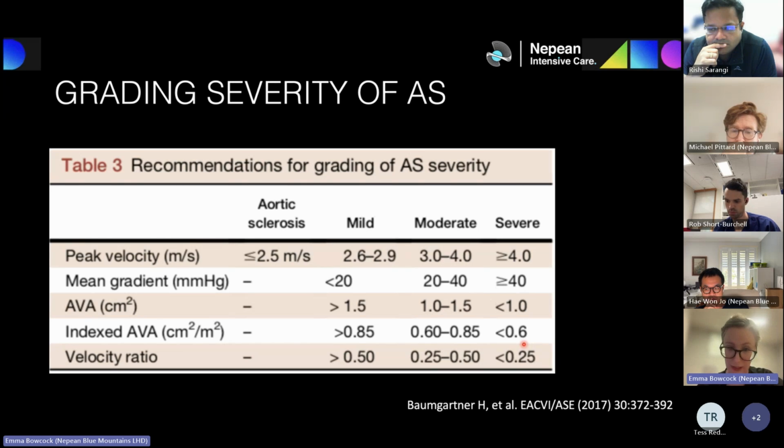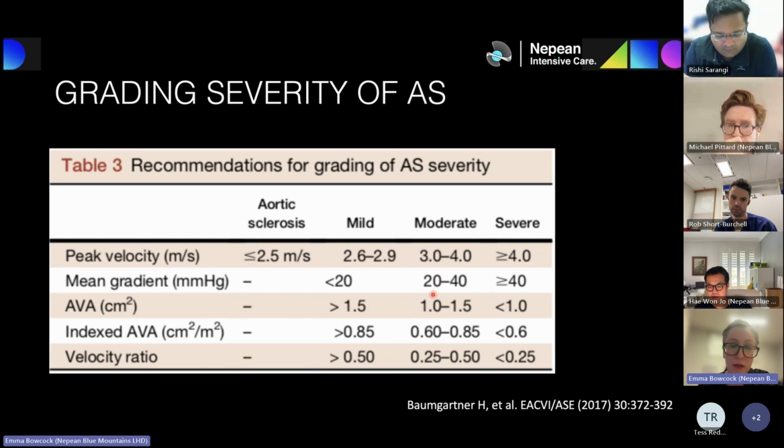It's less accurate. And the velocity ratio, which we'll talk through, of less than 0.25. All of those things indicate severe aortic stenosis.